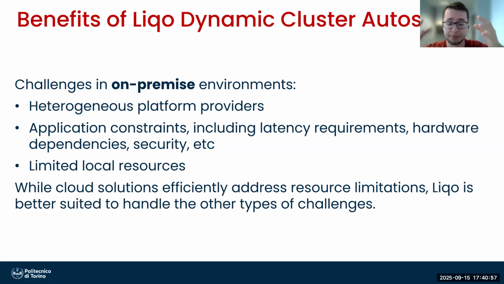For example, a cluster in an edge environment could be built with different platform providers from another, and there are application constraints, for example, latency. And Liqo is better suited to deal with those other types of challenges.